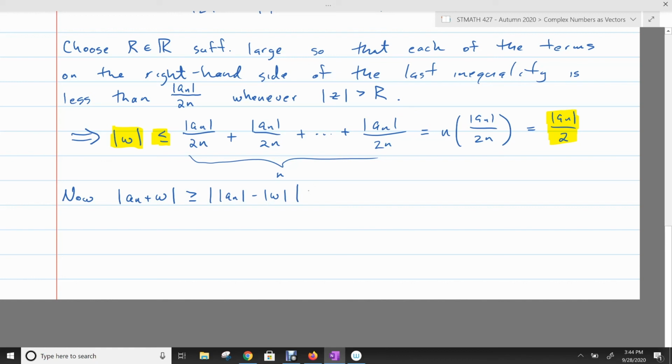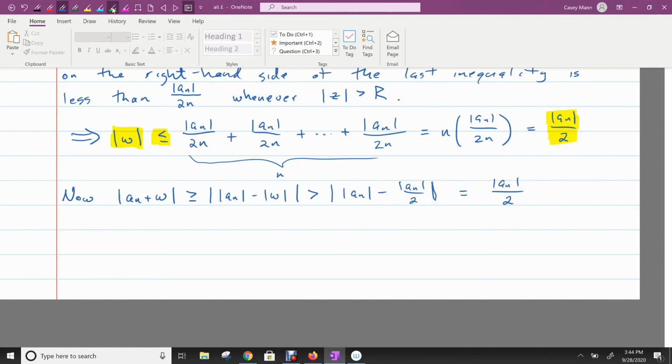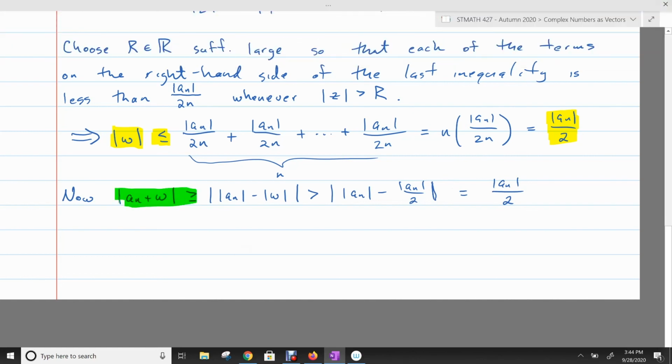So this would have to be bigger than modulus a_n minus modulus a_n over 2. And of course, all that comes out to just modulus a_n over 2.